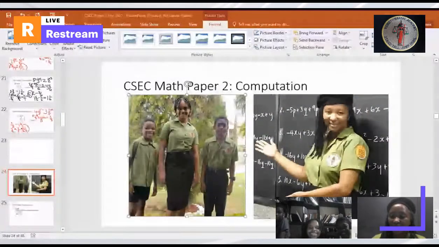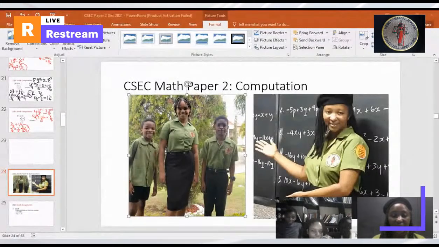For those who are just joining, the computation questions will test your skills in rounding off, significant figures, standard form, laws of indices, order of operation, the distributive law, and a little factorizing might come into it.